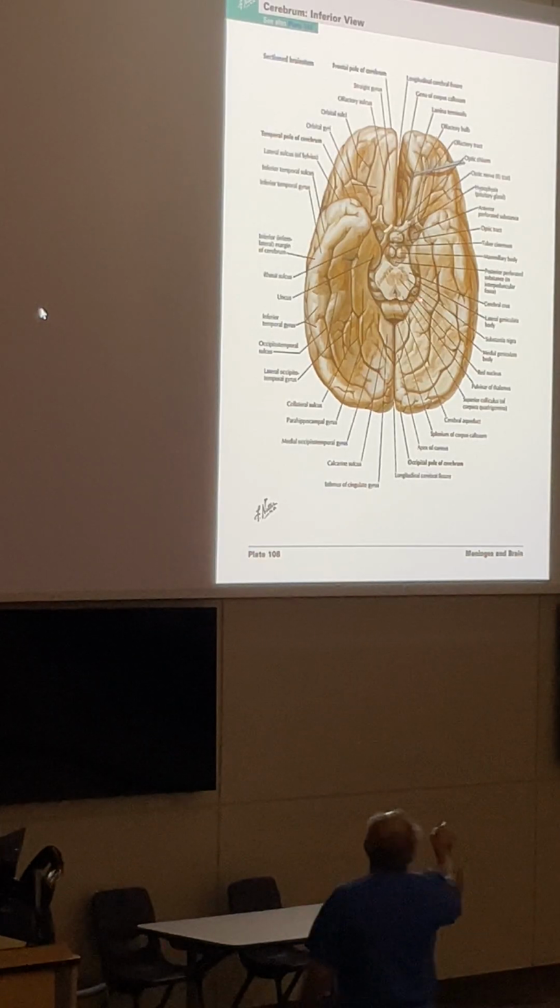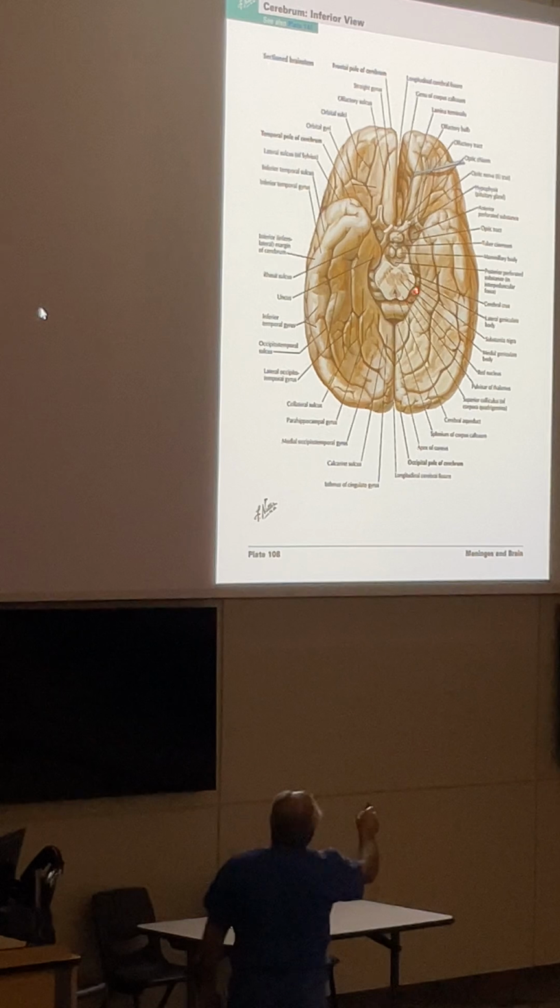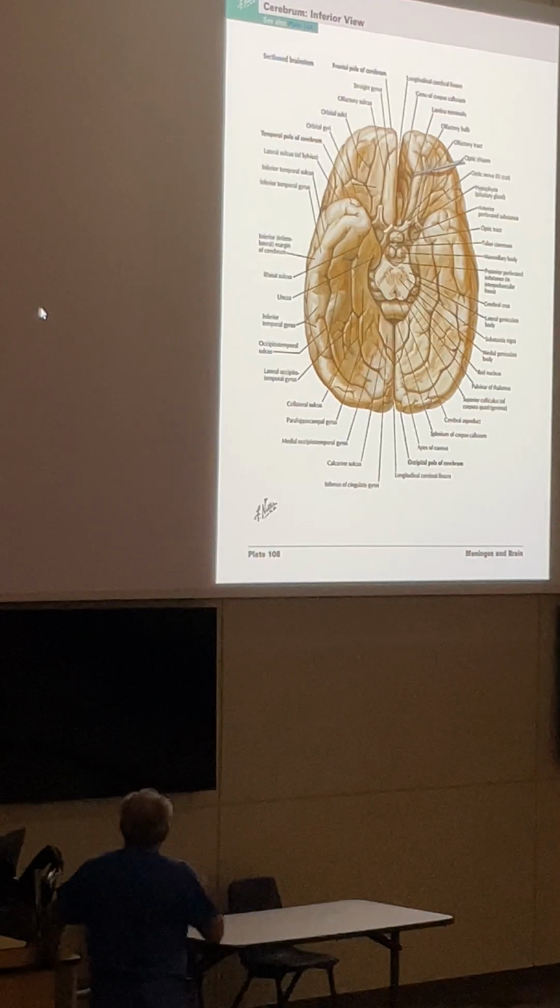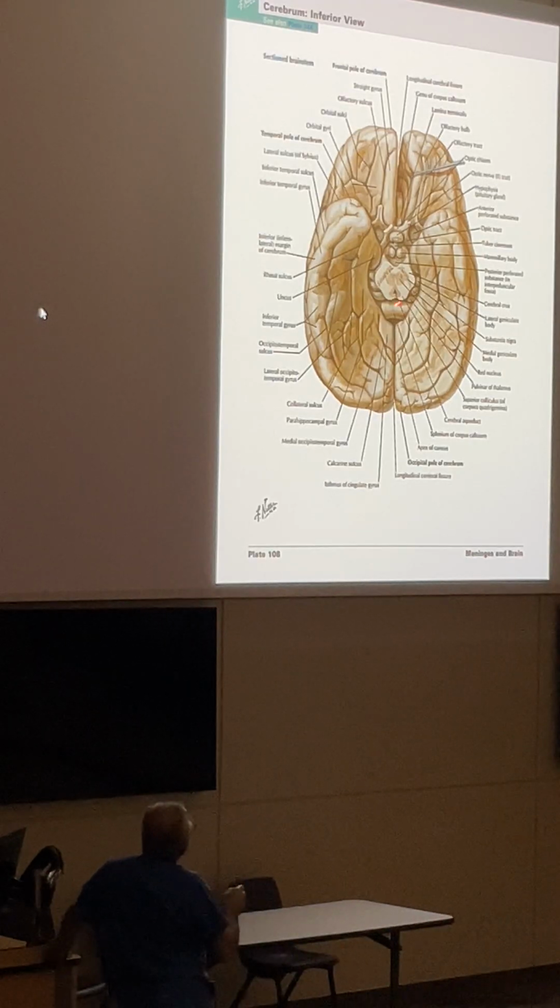Now, back here, you're going to be picking up those geniculate, whatever exactly, different segments of the brainstem level, posterior view. Corpus callosum. Uncus.